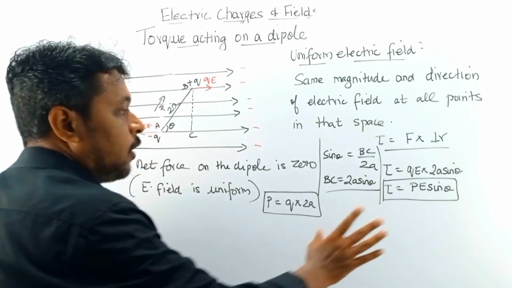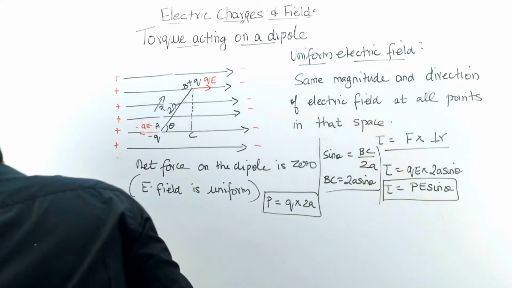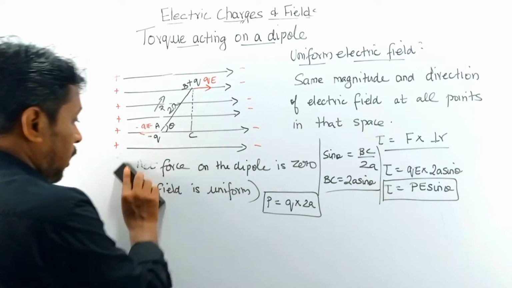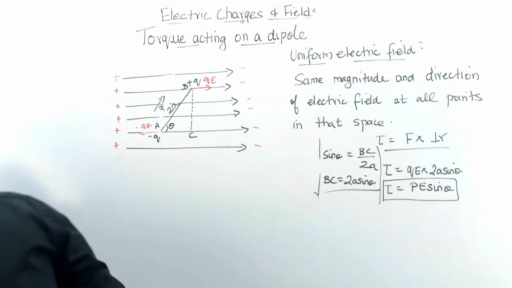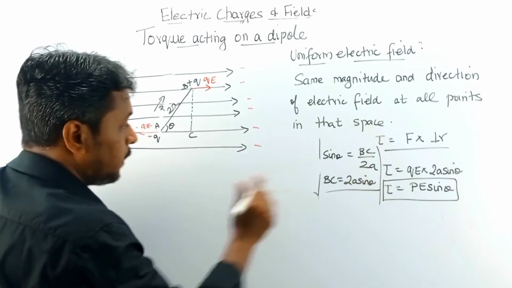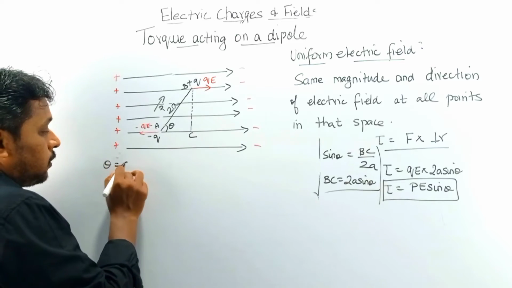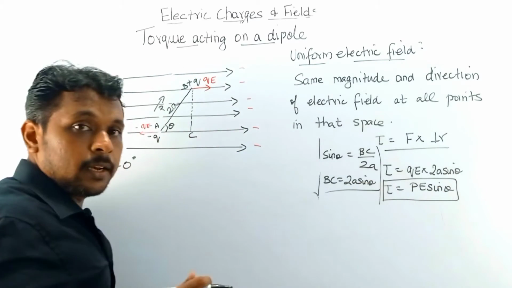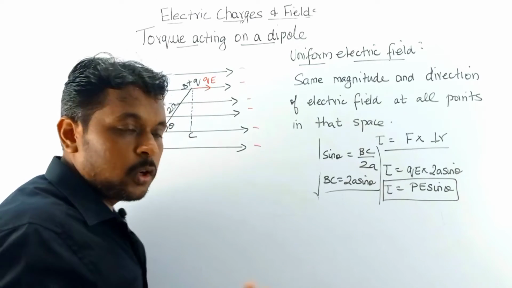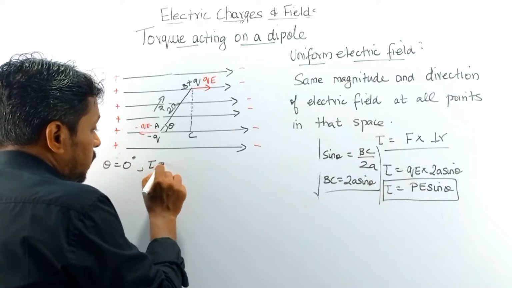Okay. So you have found the formula. Now we will see what is the value of the torque for different values of theta. So at 0 degree, when theta is 0 degree, what's the value of torque here? You know sine 0 is nothing but 0. So the torque also becomes 0.